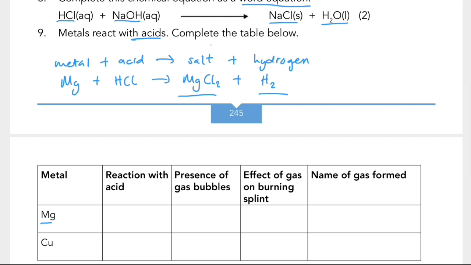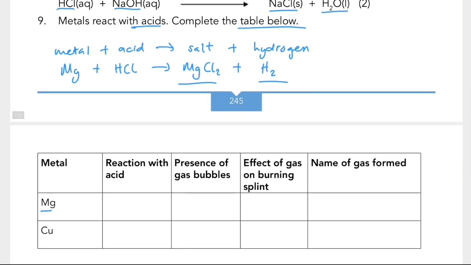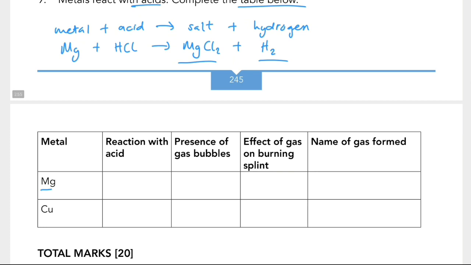So we are asked to complete the table below, which is this table. So reaction with acid is yes, it reacts, and then the reaction is vigorous. Magnesium reacts more than copper, so for magnesium we have a more vigorous reaction than copper. Then for copper it's also a yes, and then it's less vigorous.